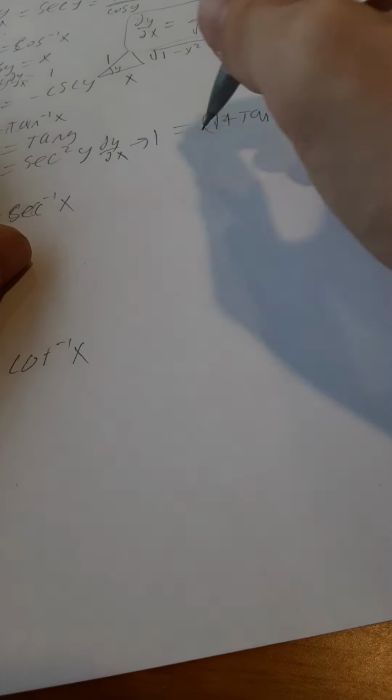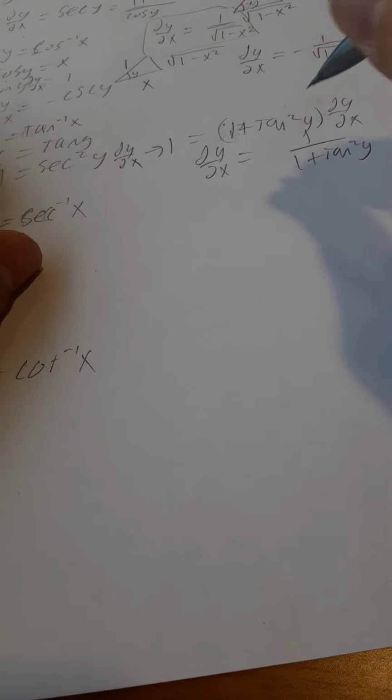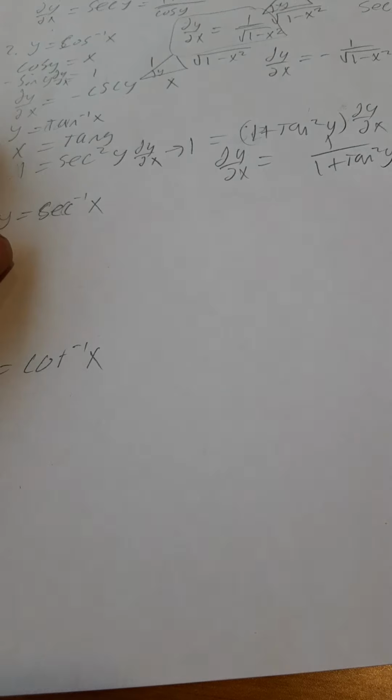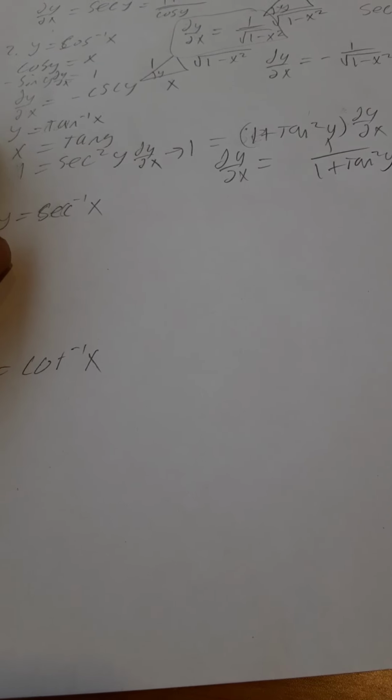Now we know dy/dx is 1 over 1 plus tan squared y. We don't even need a triangle because we already know that x is tan y, so we can replace tan squared with x squared. This equals 1 over 1 plus x squared. Simple as that.